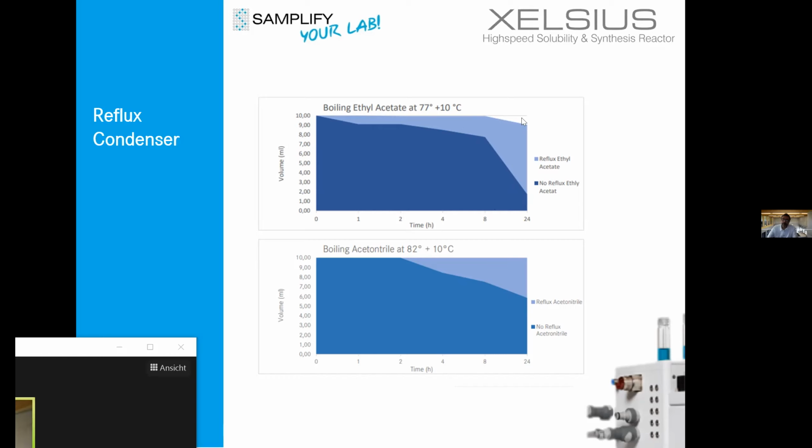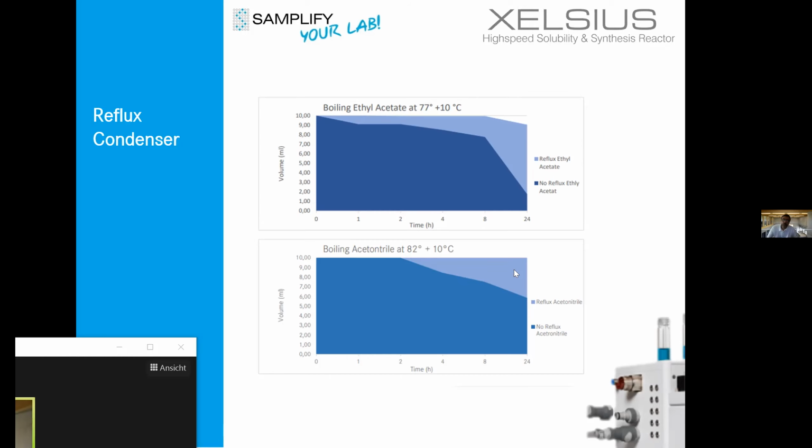So we ended nearly up at 9 ml out of 10. And acetonitrile is a similar case; with the reflux condenser, there's nearly no loss of solvent, and without it, we have a loss of maybe 5 or 6 ml after 1 day of boiling.